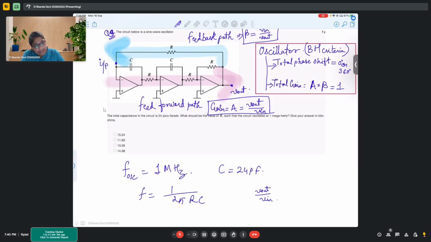I can say that, rather than here, let's say my feedback path is here, so this is my input point. I can break the circuit anywhere, right? So this is my input point, this is my output point, and there is no component between input and output. Why am I doing that? If you observe very carefully, this gives me a similar circuit.